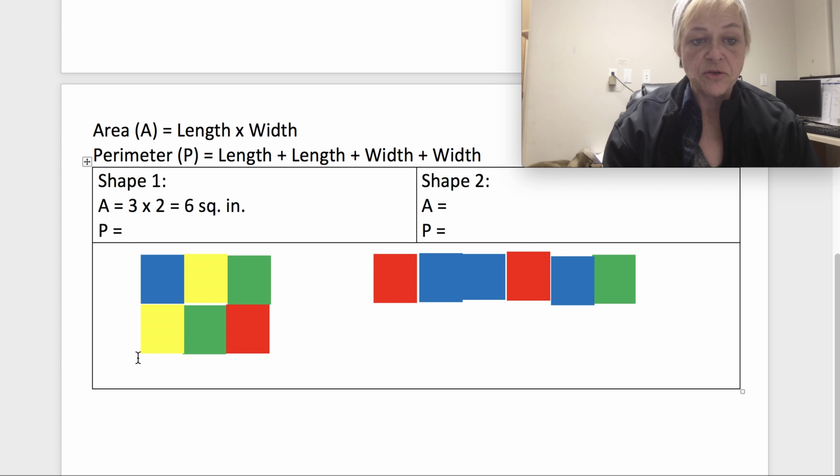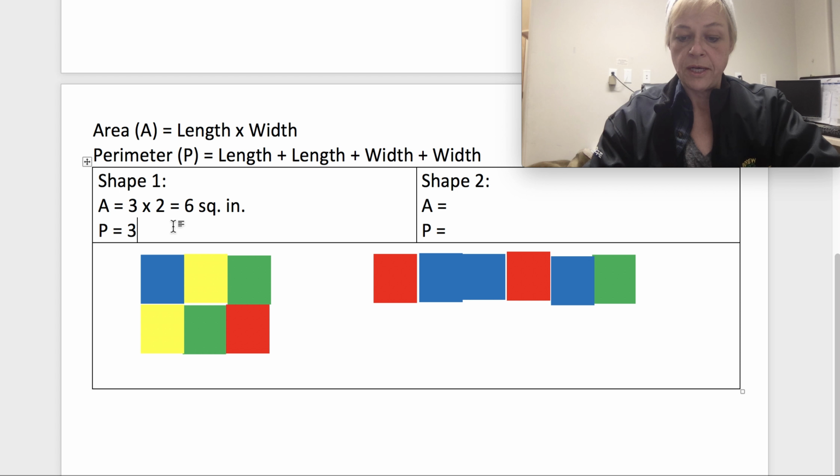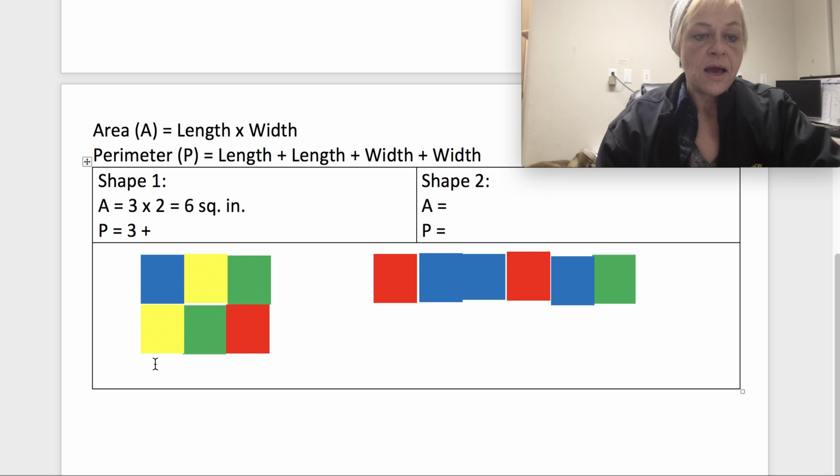So now let's measure the perimeter. The perimeter, again, is the outside of a shape. It has 2 lengths, and it has 2 widths. So 1, 2, 3, our top length is 3. Our bottom length, 1, 2, 3, is 3.